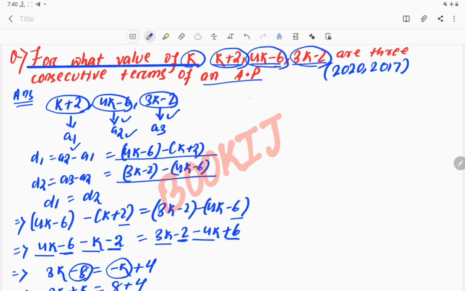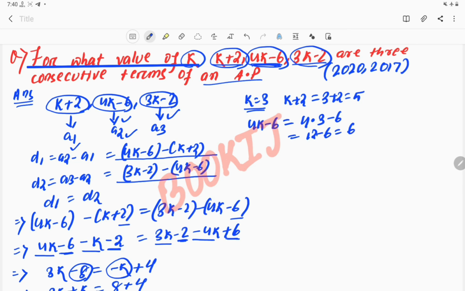For k equal to 3, let's check the value of k plus 2, that is 3 plus 2, and the answer is 5. What is the value of 4k minus 6? By putting k equal to 3, it is 4 into 3 minus 6, that is 12 minus 6, equal to 6.